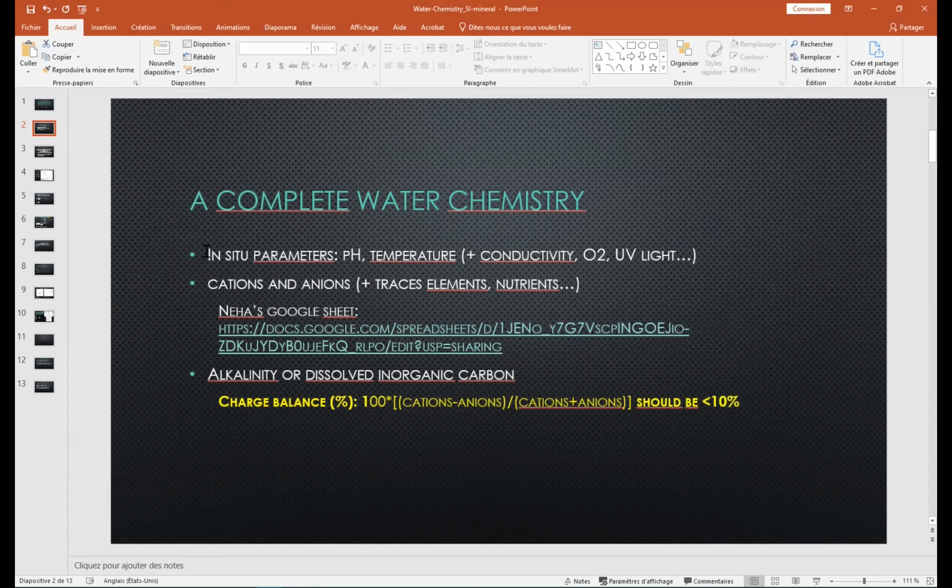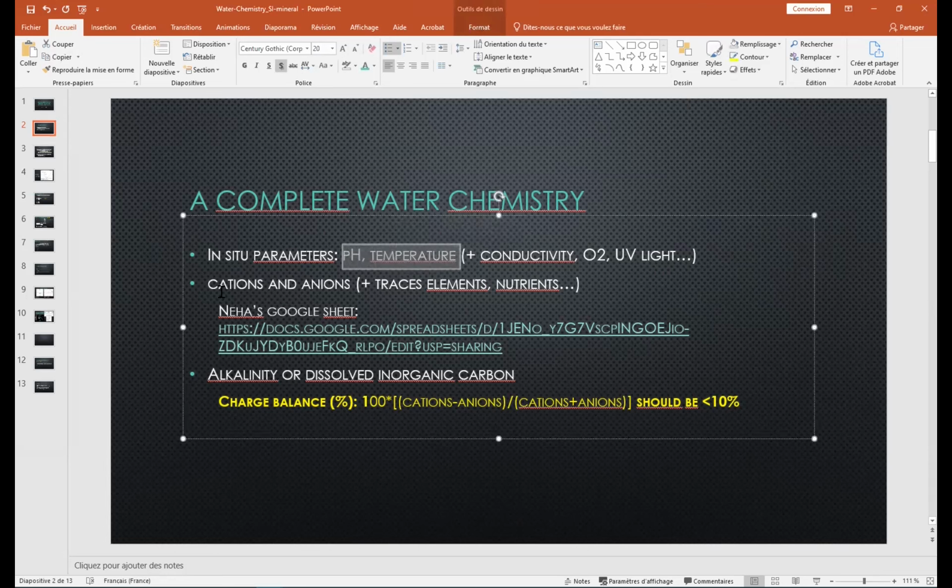So you need particularly in situ parameters such as pH and temperature, which are the most important ones, but you can also measure the conductivity, the oxygen concentration in the water, and UV depth, etc. But you absolutely need pH and temperature.